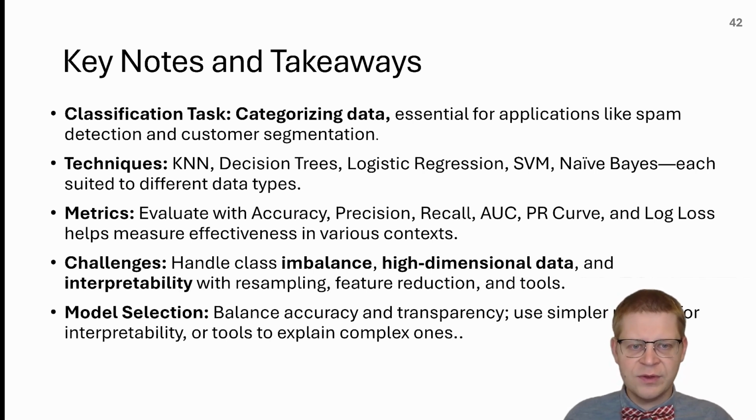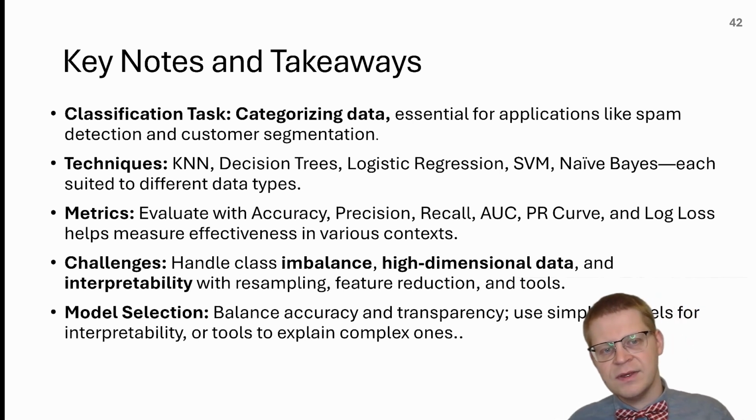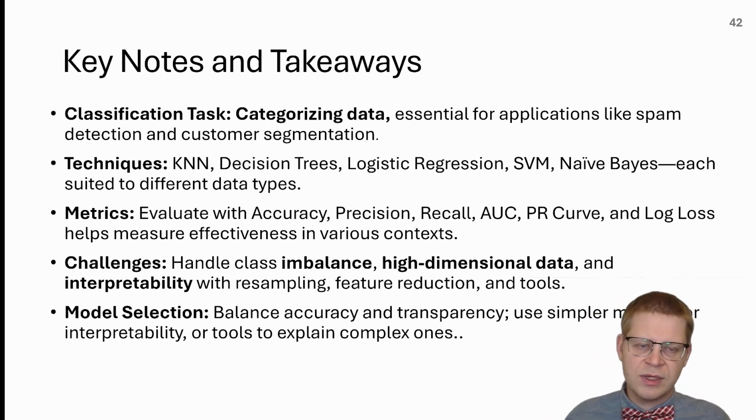We had an overview of support vector machines and naive Bayes. Each model has its strengths, suited for specific types of data and goals. Choosing a model means balancing performance and interpretability. Logistic regression and decision trees are more transparent, while more complex models like SVMs or neural networks often need extra tools to explain their performance and their predictions.